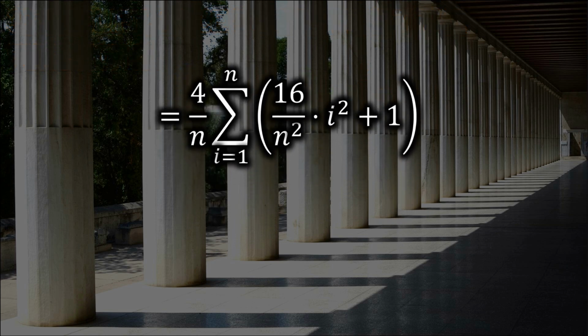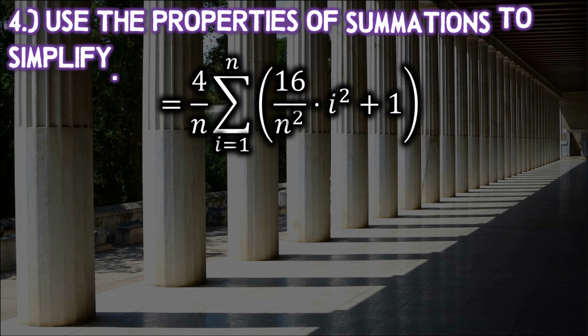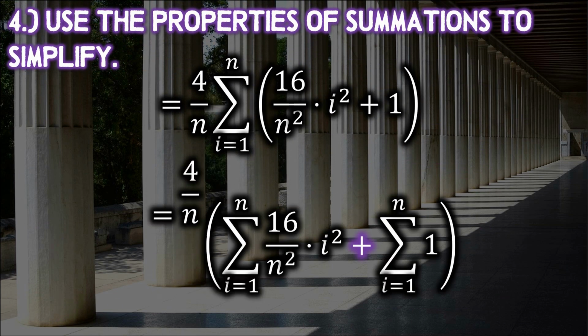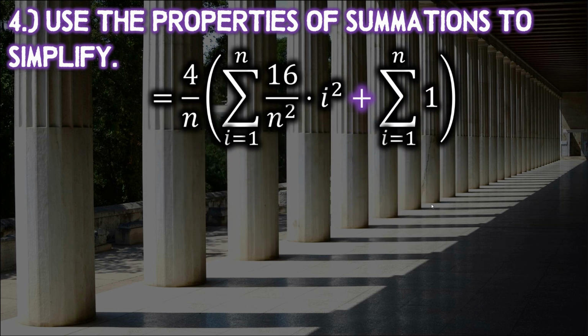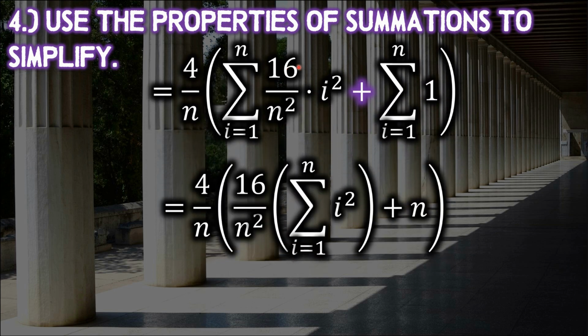And here I can start using my summation rules to clean this up a little bit. I'm allowed to split summations up over a sum. And I know what this summation is supposed to be. I know what this summation is supposed to be. Adding 1 to itself n times gives me just n. And I can pull this constant out of the summation.